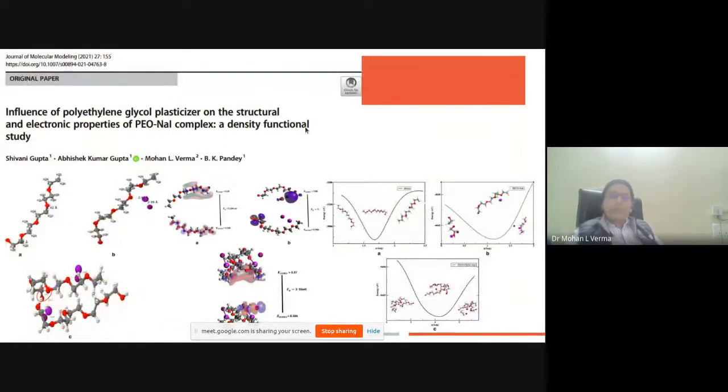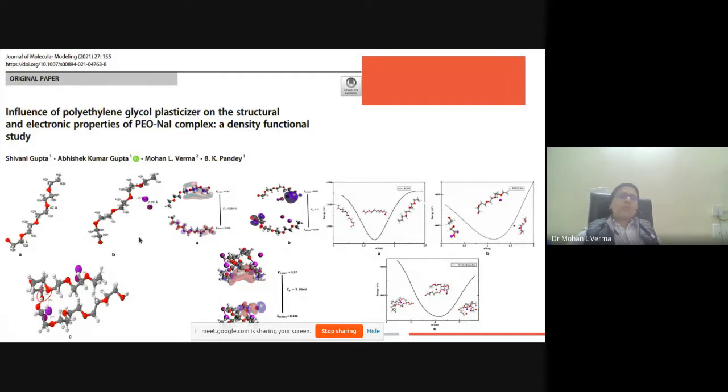Now, polymer-based studies can be performed using this tool. As I have mentioned, initially my studies were concentrated on electrolytic type behavior, where we use polymer electrolytes. Our main target was to enhance the conductivity of those polymer electrolytes.